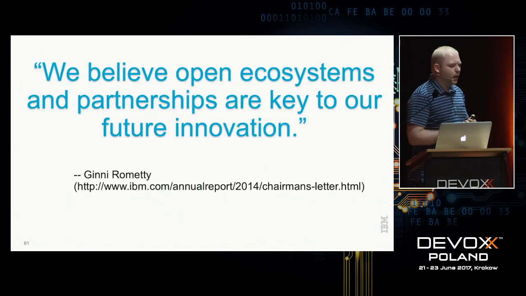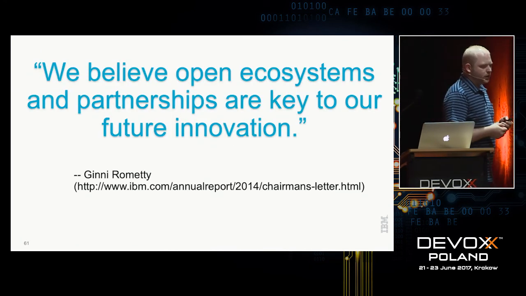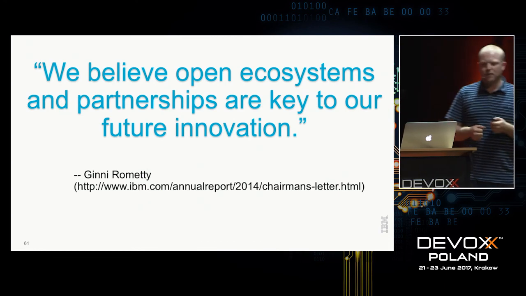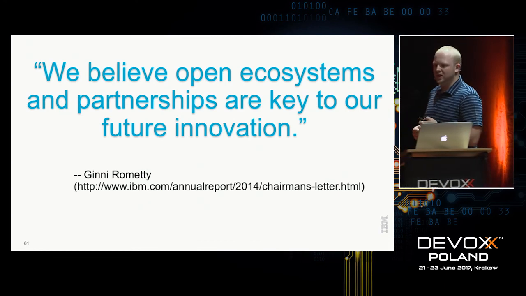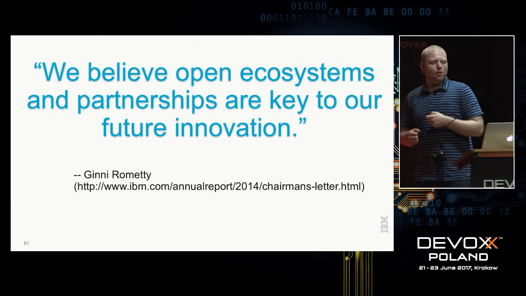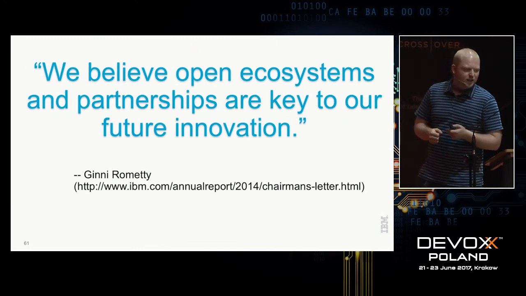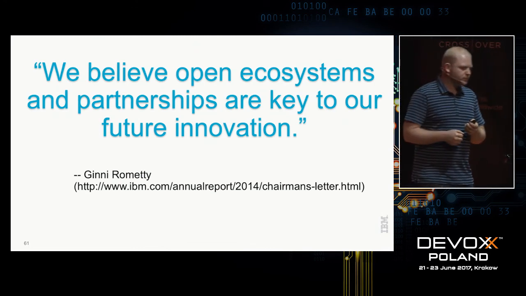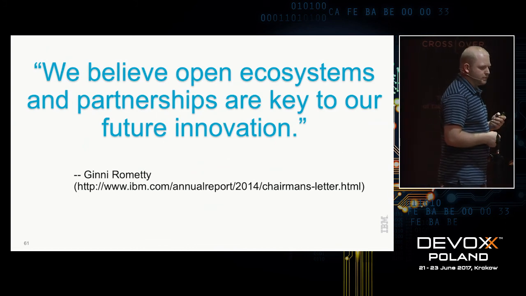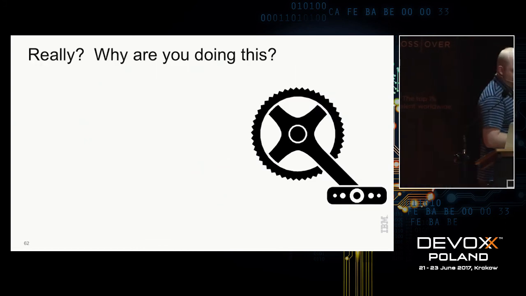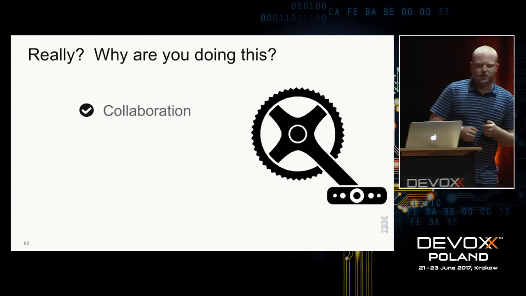So why are we doing this? To quote IBM's president, CEO, etc., we believe that open ecosystems and partnership are key to future innovation. Didn't help that much, so really, why are we doing this? Well, the first point is collaboration.